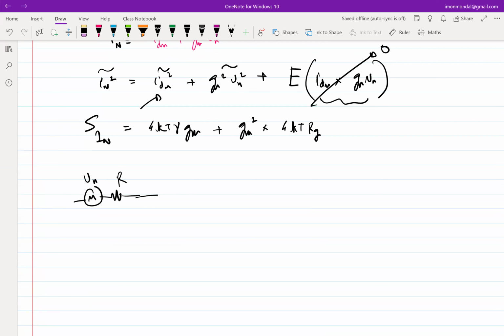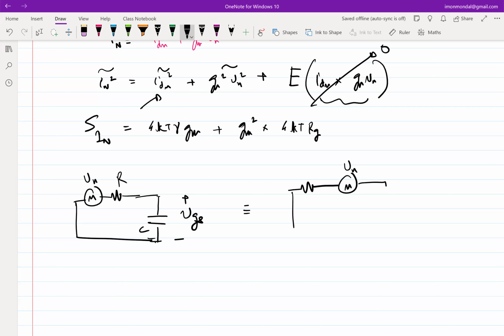So I just put this capacitor here, and this is V_GS, and I do this V_N. Because ultimately this is a model, I can put the noise source on the left or the right, it shouldn't matter. And I observe V_GS. Will both V_GS be the same? One is like the low pass filter, another is... I am observing the voltage across the capacitor.